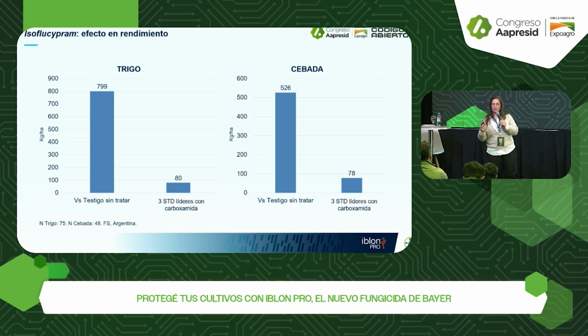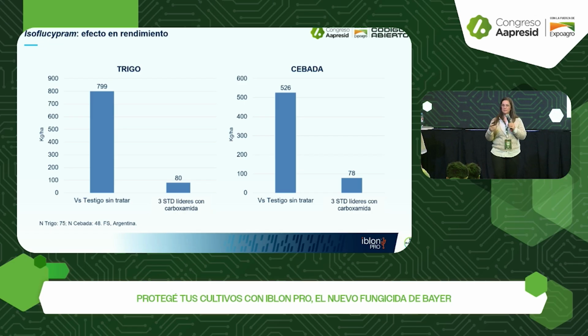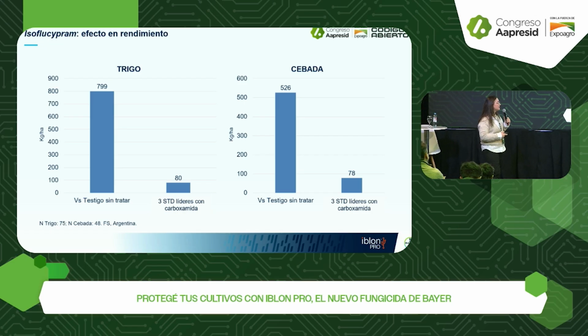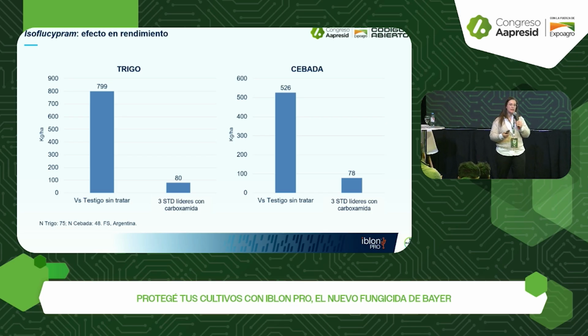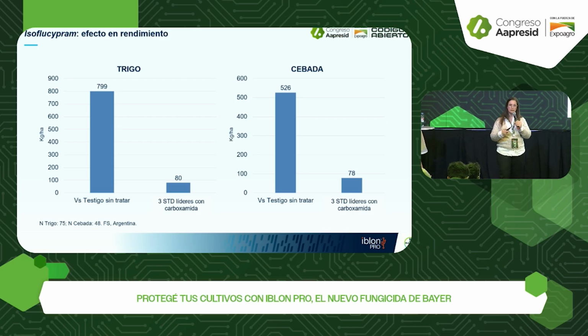And obviously, we have to compare our results with the main alternatives available in the market from leading brands that include carboxamide in their composition. And you can see that the difference is 80 kilos. In this data pool in wheat, it's a little bit above that 2.2% that we saw at a global level.